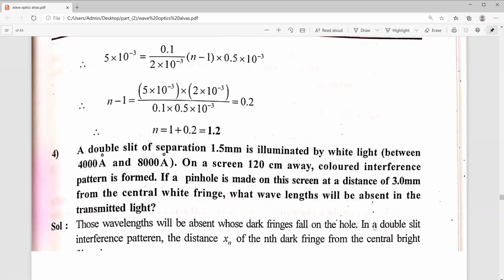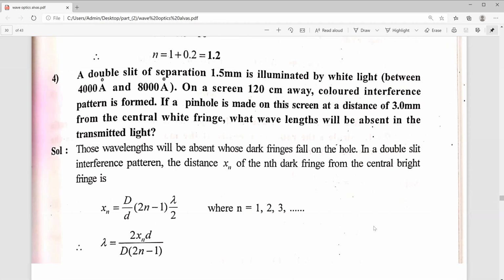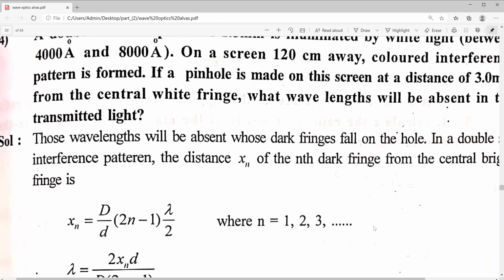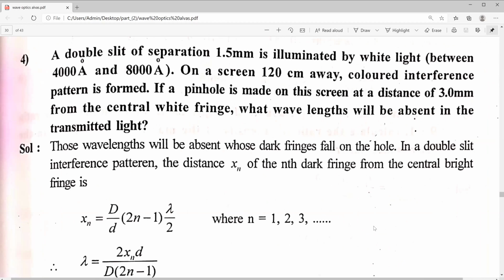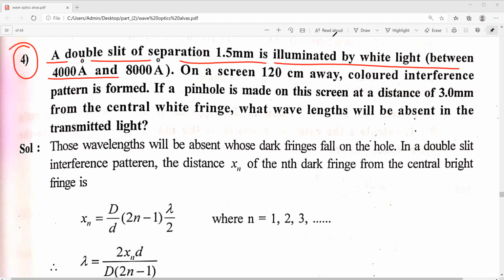Fourth problem. So the fourth problem is: a double slit of separation 1.5 millimeter is illuminated by white light between 4000 angstrom and 8000 angstrom on a screen 120 centimeter away.